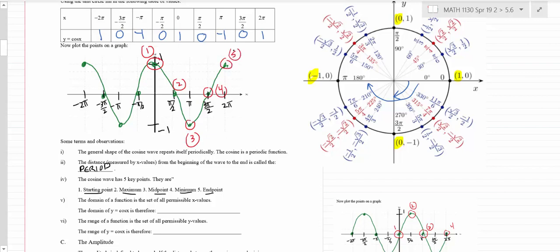So what you want to remember is the sine starts at 0, 0, then cycles through the points. The cosine starts at its maximum and cycles through the points like that. That's an easy way to remember that, okay? And all this stuff on this page is the same. The domain of the cosine is all real numbers. Cosine's always defined. And then the range is -1 to 1 like that.